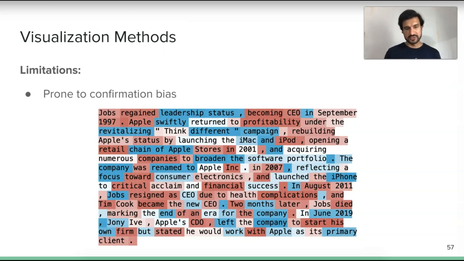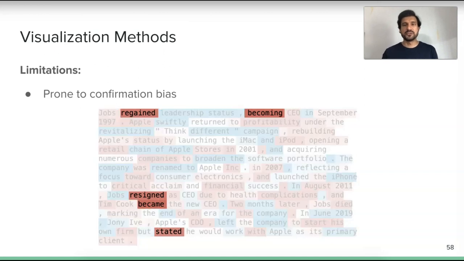Another issue with visualization is that it's very subjective, and researchers can be prone to confirmation bias. For example, in this visualization, one may assume that it's a verb neuron because you can see that it has strong activations on several verbs. But if you look more closely, you may also see that it's happening a lot on different nouns and also on some years.